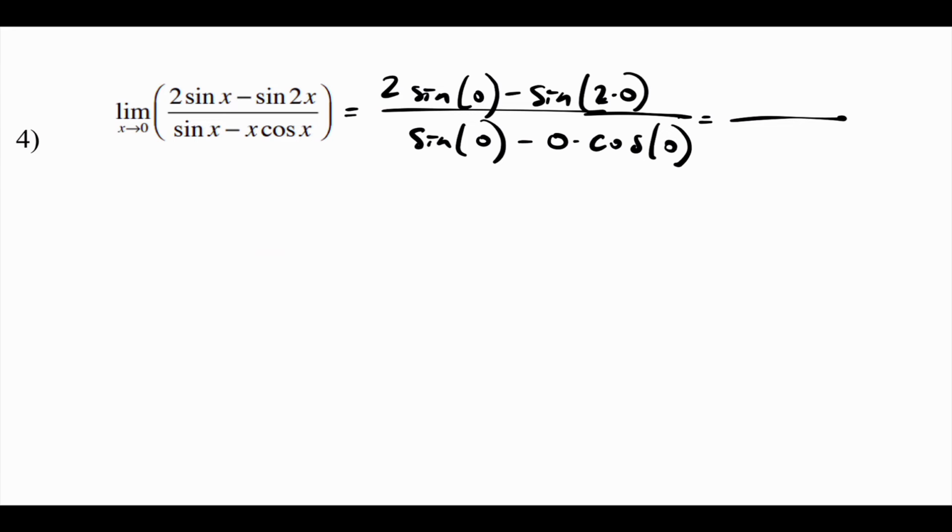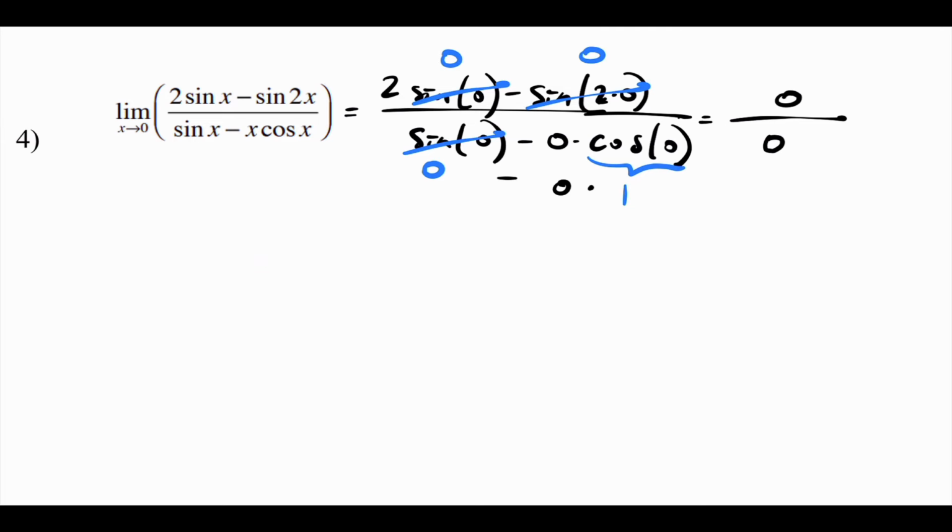Anywhere I see a sine of 0, it's just 0. So 2 times 0 minus 0 is 0. Cosine of 0 is actually 1, but it's being multiplied times 0. So 0 minus 0 times 1 is just 0. Indeterminate form.